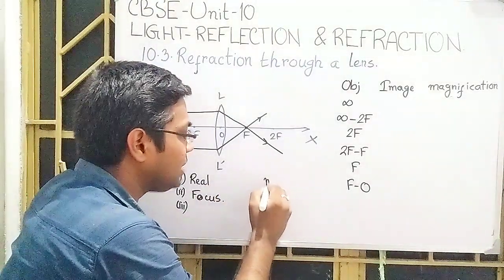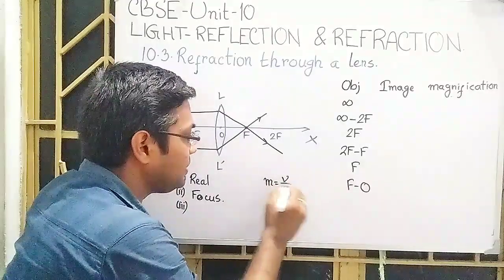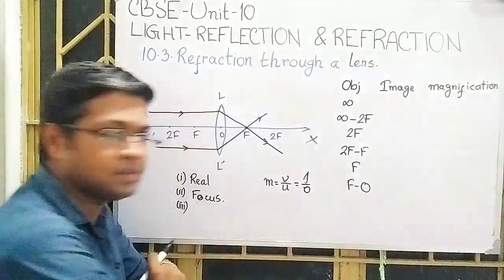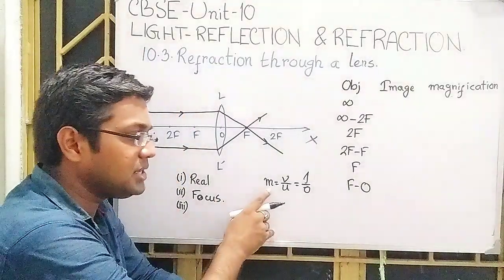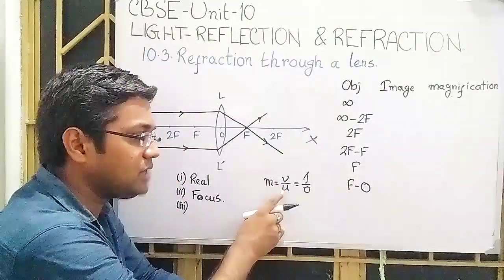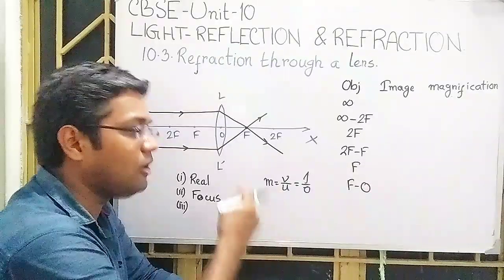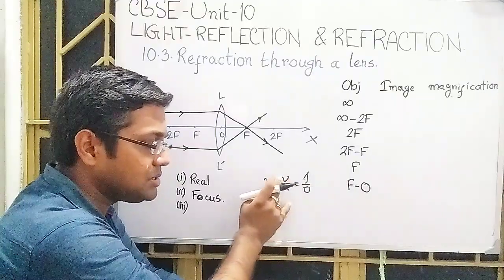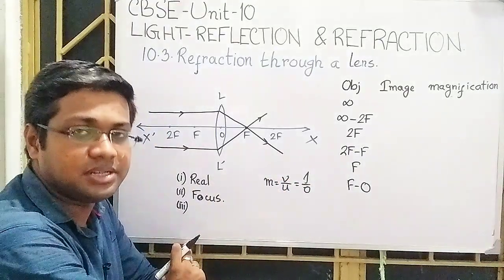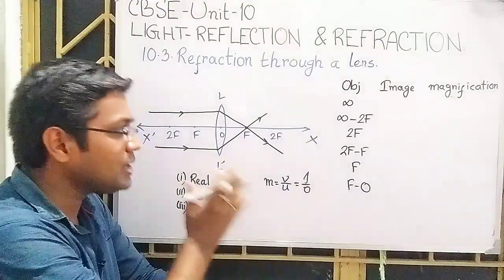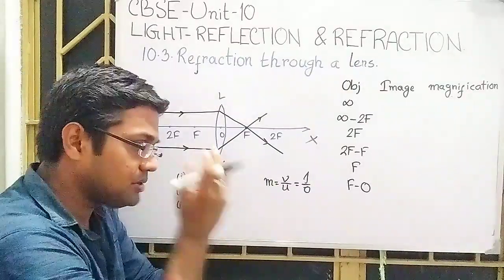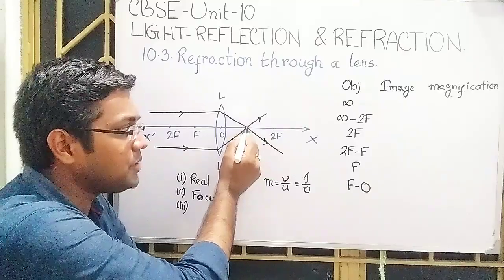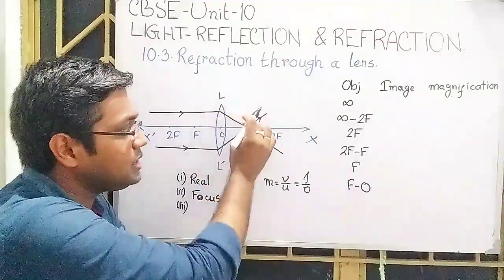We all know that relation, m equal to v divided by u equal to I divided by u. Magnification is defined as the ratio of the image height to the object height, and it is also defined as the ratio of the image distance to the object distance. So if I consider the height, the image that we have obtained is pointed at the focus.